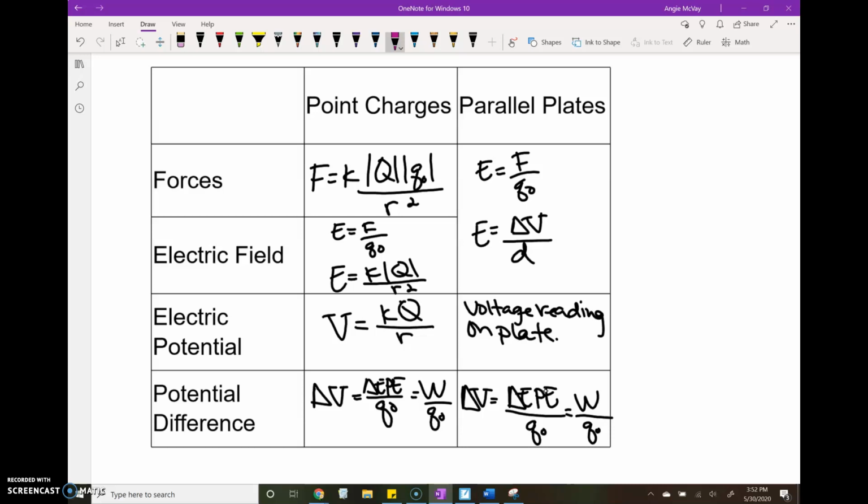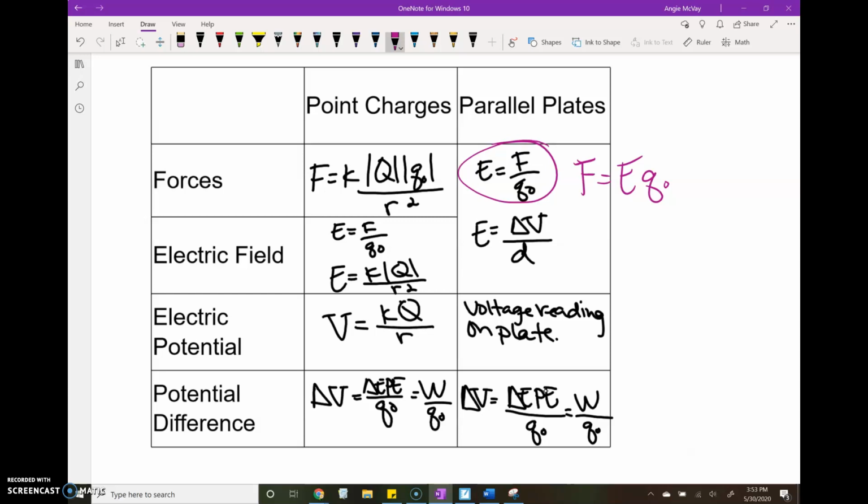All right, you'll notice for parallel plates, there isn't a specific equation that you can use to calculate force, but you do have that definition of electric field strength, which is the force per unit charge, and the charge we're talking about is the test charge that would move in that region. So if you wanted to calculate force, you could just rearrange that as E times Q. All right.